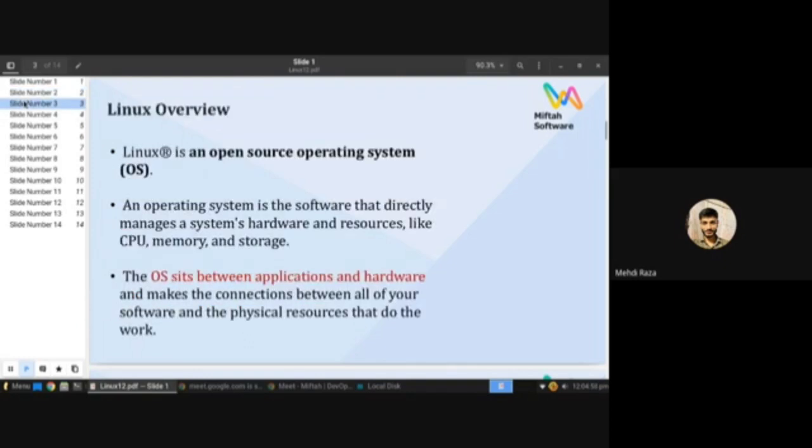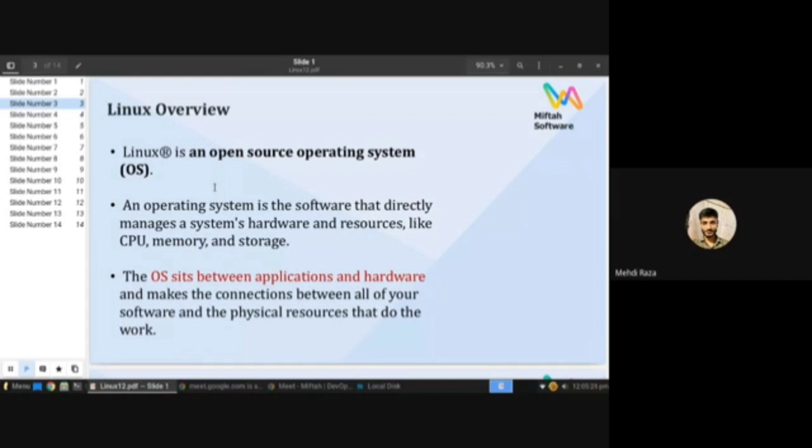So let's start with the Linux overview part. First of all, what is an operating system? An operating system is system software that directly manages a system's hardware and its resources.